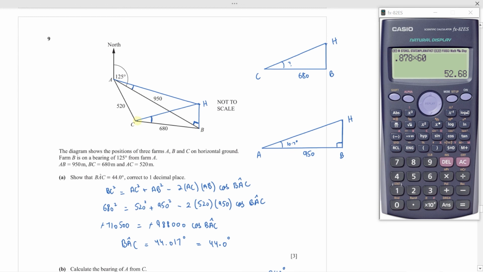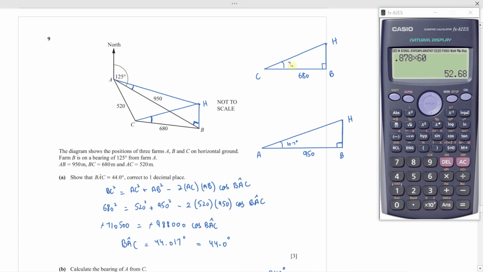So if you're looking from farm C, the height of the helicopter doesn't change. So this height here will be the same as this height. Once I know this height, and this angle is again 90 degrees, I will know two sides of this triangle. Then I can easily find this angle of elevation using trigonometry.